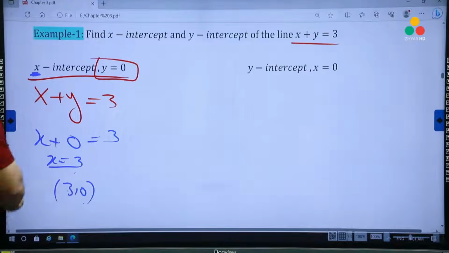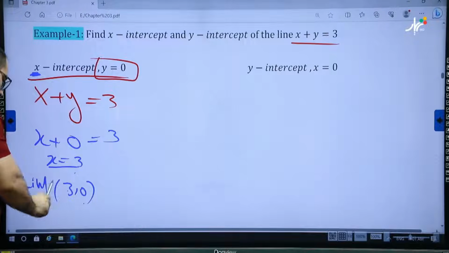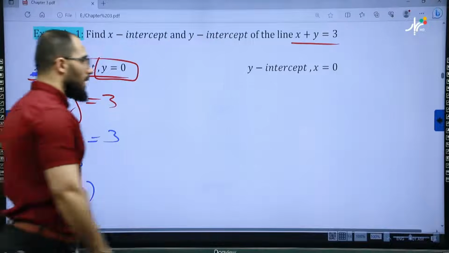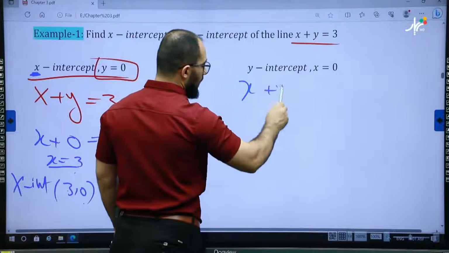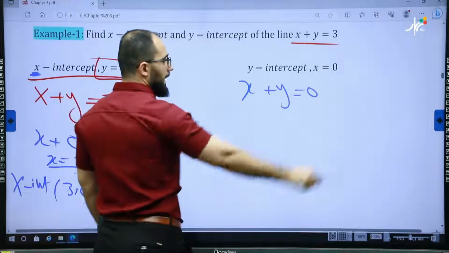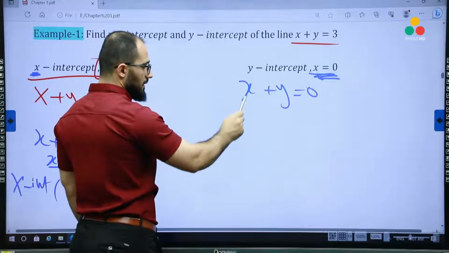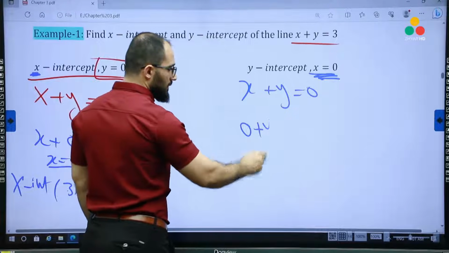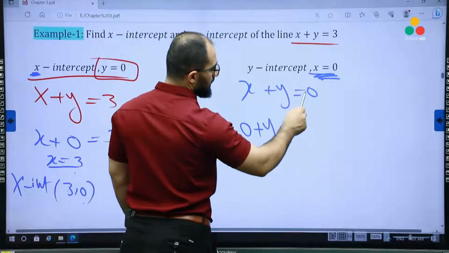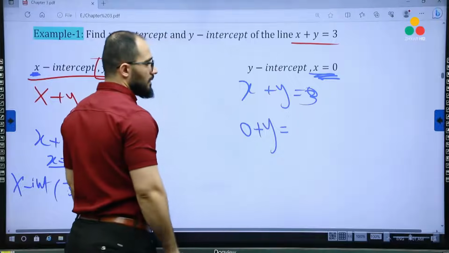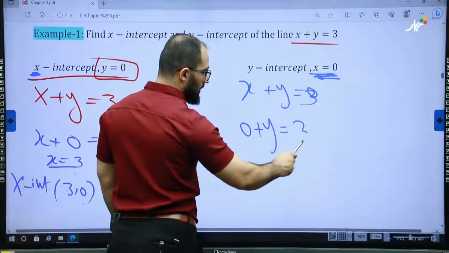That's why this is the x-intercept. For the y-intercept, x plus y is equal to 3, x is equal to 0. Why? Because we want to find the y-intercept. Instead of x, write down 0, plus y is equal to 3.